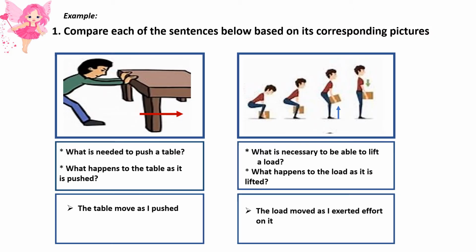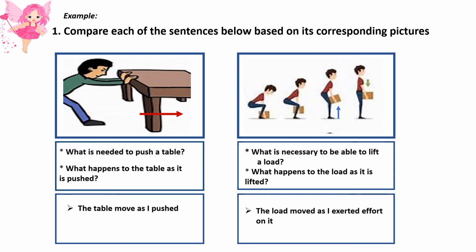Now, try to look at this situation. You have to compare each of the sentences below based on its corresponding picture. First picture, as you observe, what is needed to push a table?